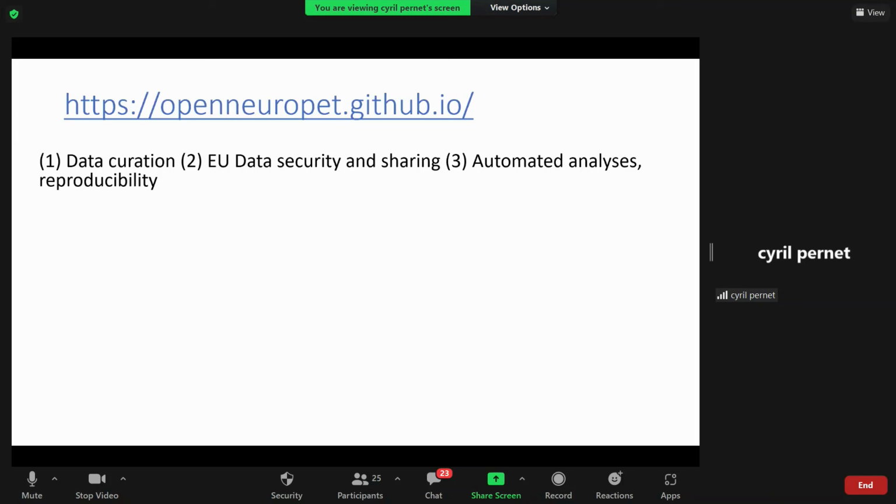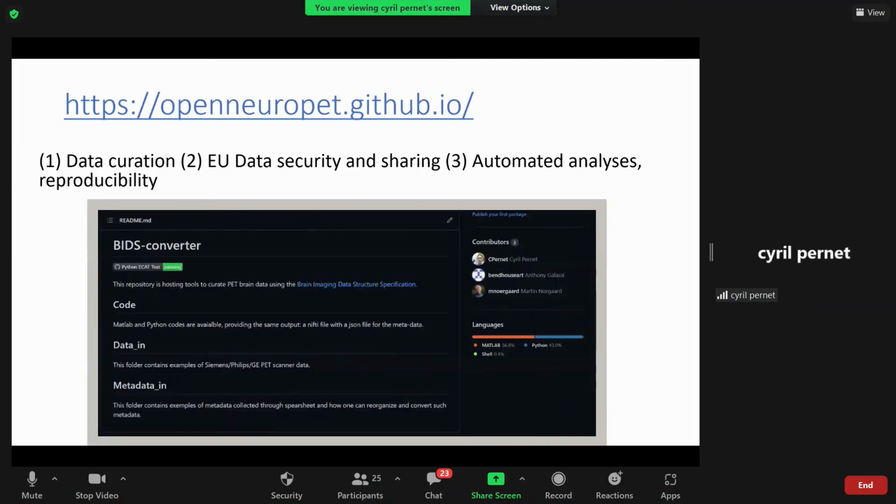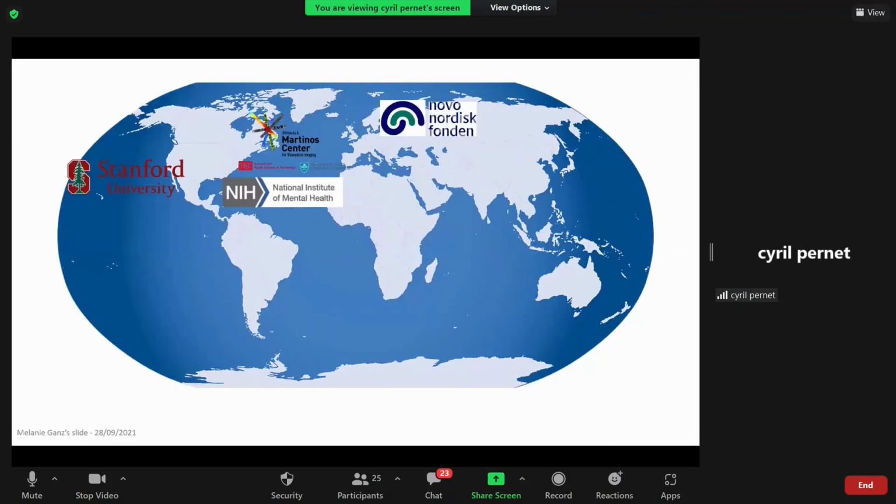In that platform, we also deal with data security, sharing, and data analysis. So if you're interested in testing some of the BIDS converters that we have, to take your PET DICOM or ECAT data and transfer them to BIDS, this is an international effort, mostly with Stanford, the Martinos Center, and NIH.